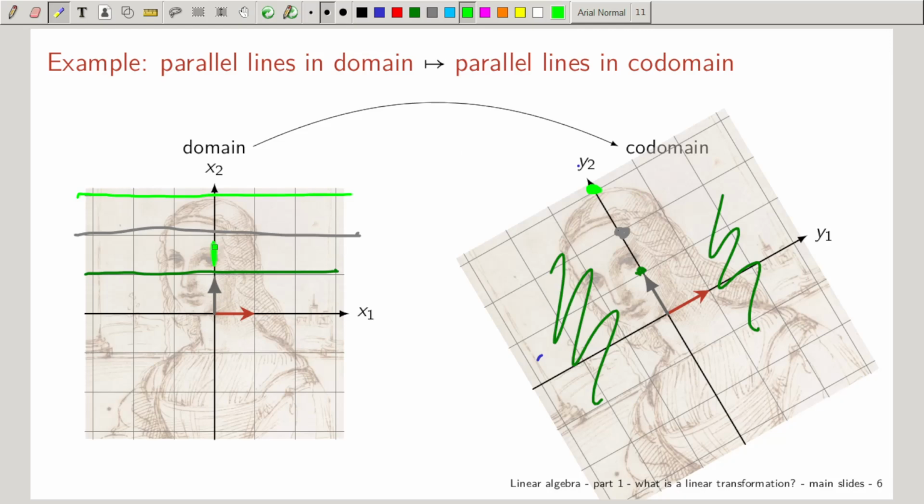Here I've got 1 unit of distance and here 1 unit of distance in the codomain. True? If this green point here would have been here, the parallelism wouldn't be preserved. You see that from a logical perspective, it's kind of a stretching. True? A nonlinear stretching.